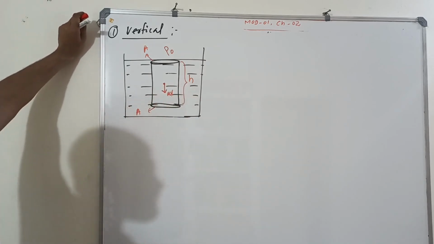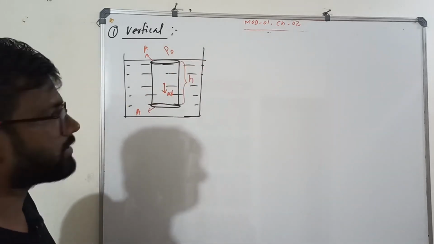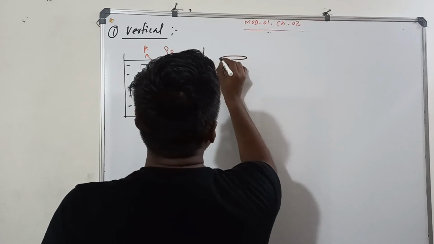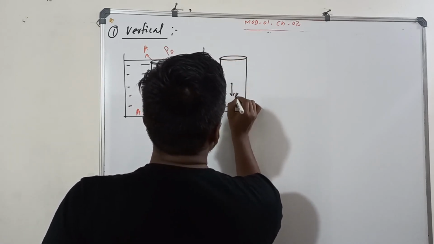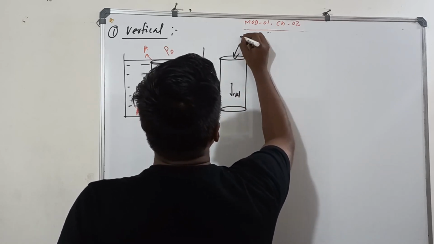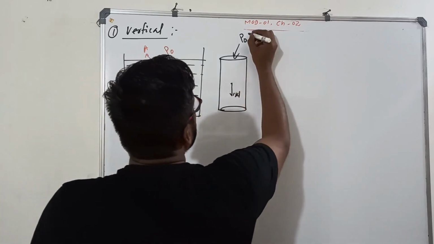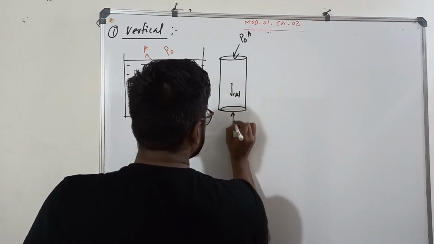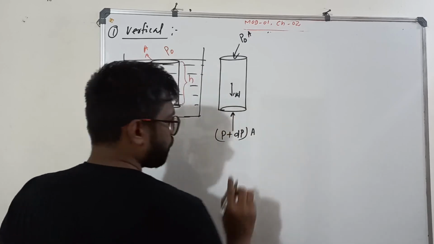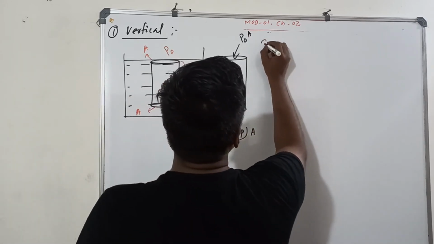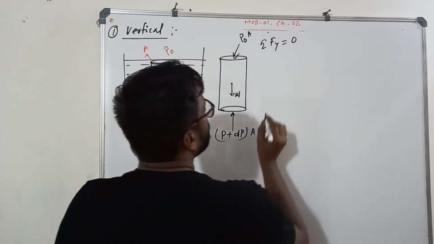The weight acts vertically downward. Now let's draw the free body diagram of the cylinder. W acts vertically downward, here the pressure acting is P naught, area is A, and here the pressure is P naught plus dP, into A. At equilibrium, the summation of vertical forces is 0.